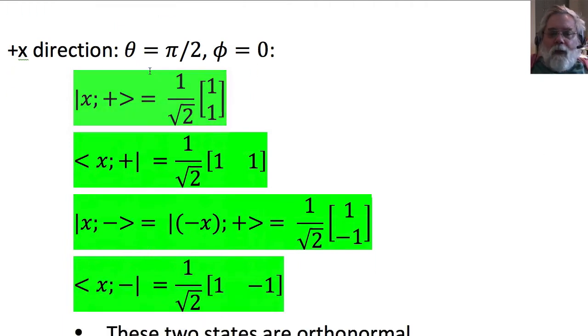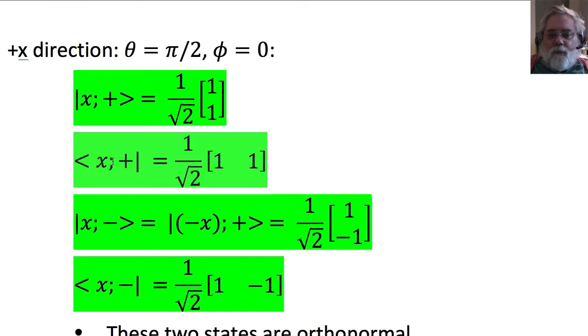Now for the plus x direction, that is polar angle theta of pi over 2 relative to the z-axis, and azimuthal angle phi of 0. If we just substitute those into our earlier formulas, we get that ket x plus is 1 over square root of 2 times column vector 1, 1 in our basis, which was the z basis.